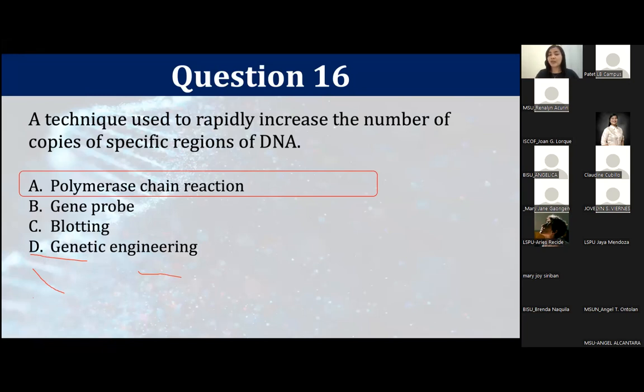This is the process to amplify or make multiple copies of DNA. So for example, pag DNA, class, it is PCR, but if you're going to analyze RNA, yun yung tinatawag na RT-PCR, which alam na alam natin ngayon, reverse transcriptase polymerase chain reaction.